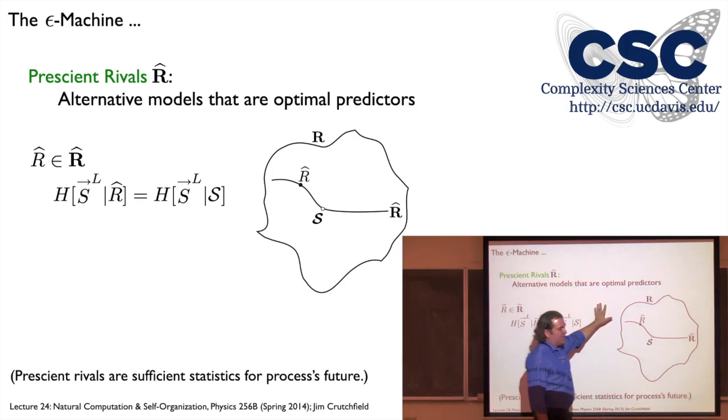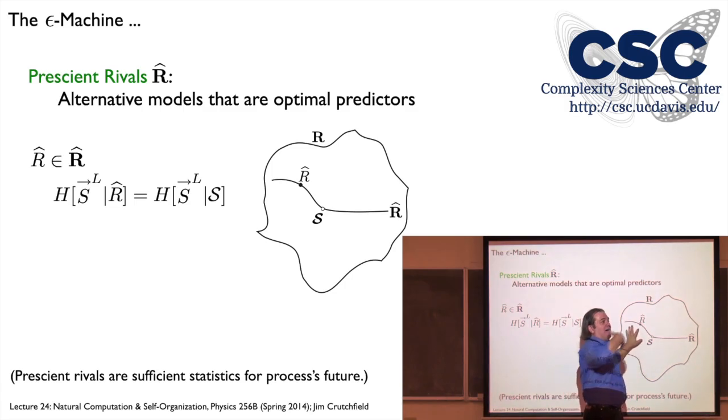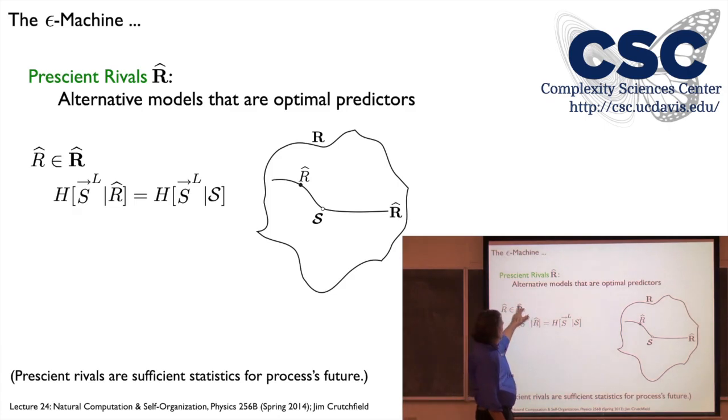So you should imagine, in the space of all these possible partitions of the space of histories, there's a subspace where all these basically get the entropy rate. They ascribe the same apparent randomness to the process. The definition of these is: choices of model where the future is equally uncertain compared to using the causal states themselves.